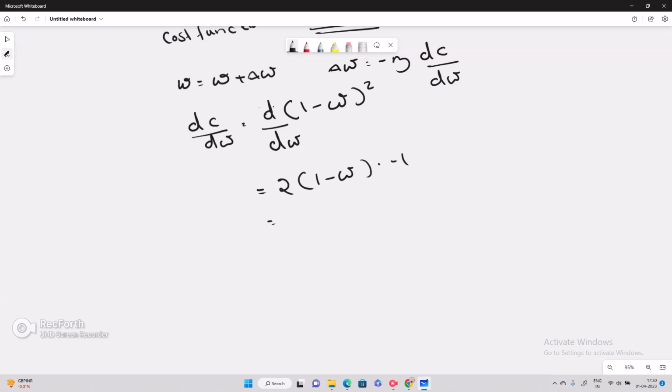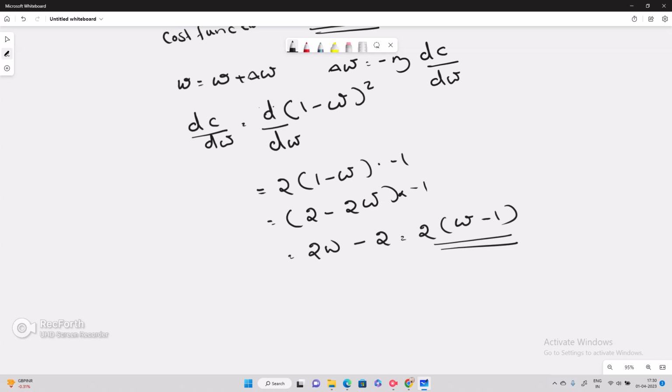So this will be 2 minus 2W, into minus 1. This is equal to 2W minus 2. So this is our dou C by dou W.